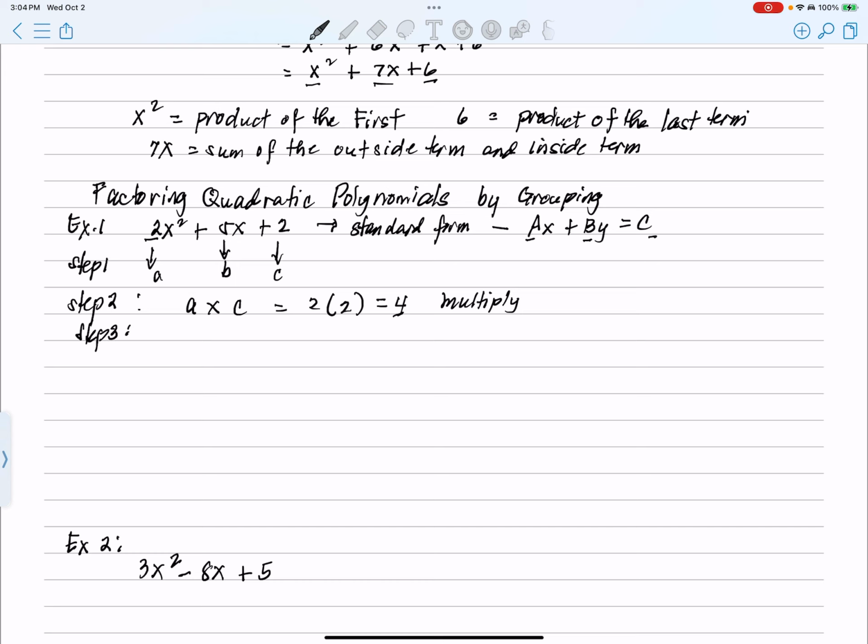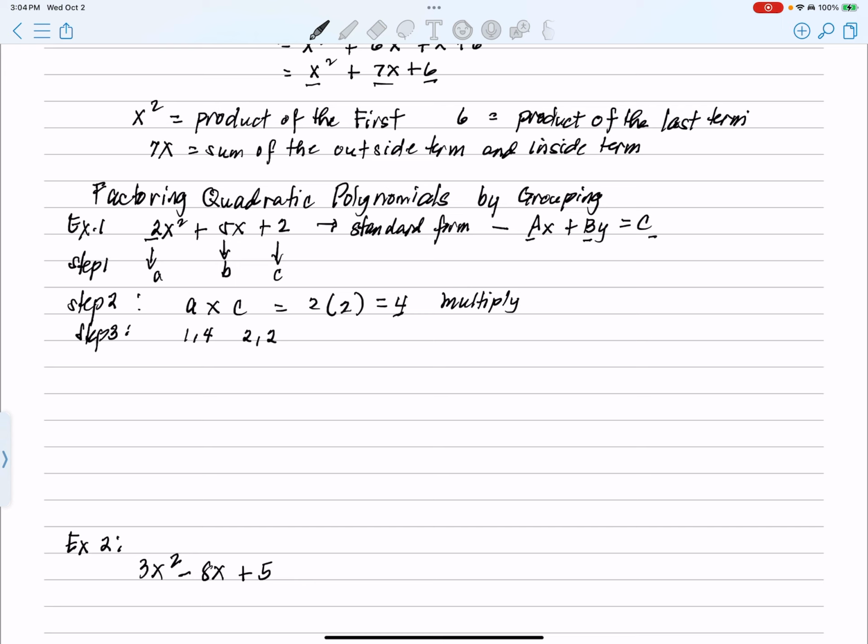So I have 1 and 4. Then we have 2 and 2. I'm not considering any negative factors because our b is positive 5.